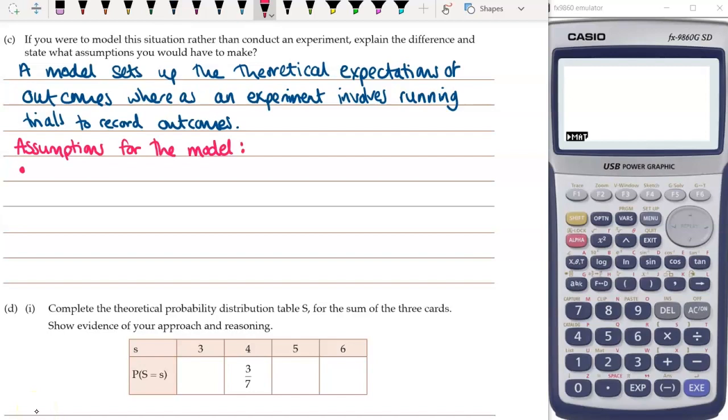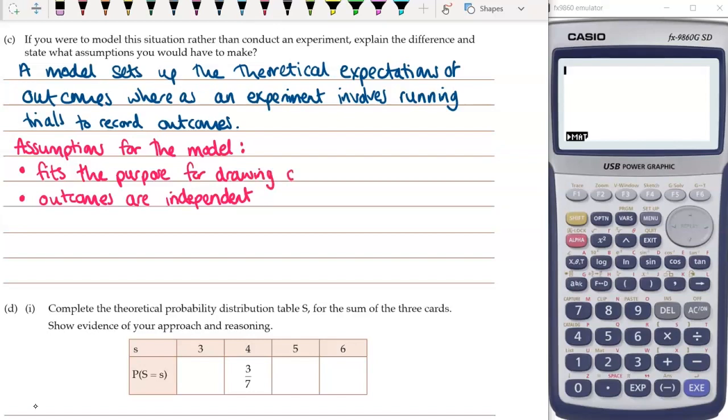So when making this model, we would first assume that it fits the purpose of what we are trying to model. The outcomes are independent. And one thing that I forgot to do, try to always put this into the context of the thing we're talking about. So it fits the purpose for drawing cards at random.